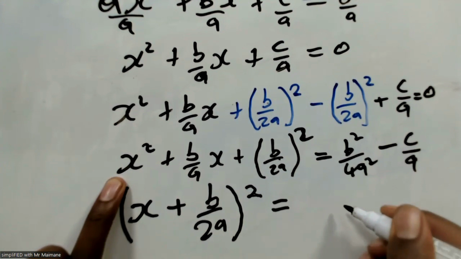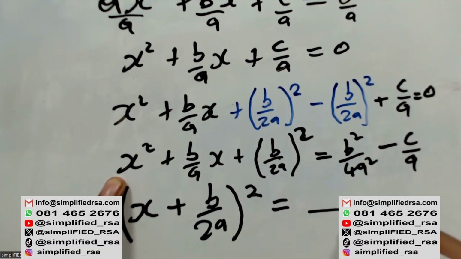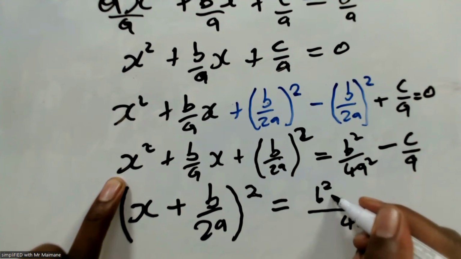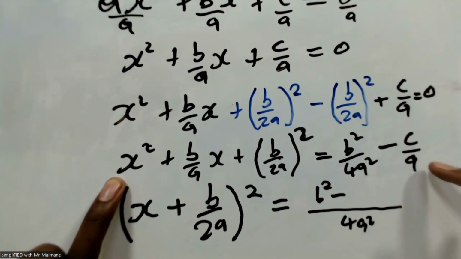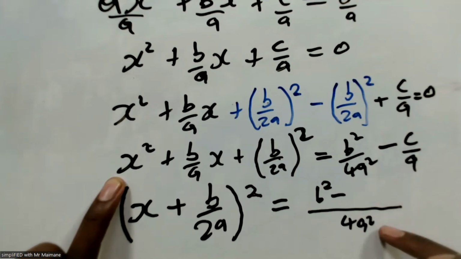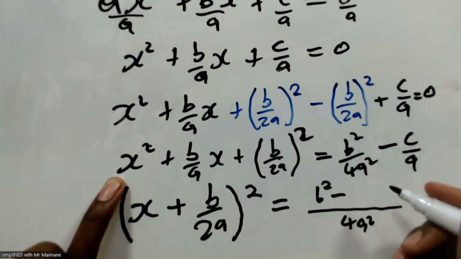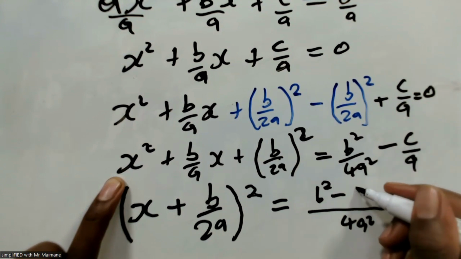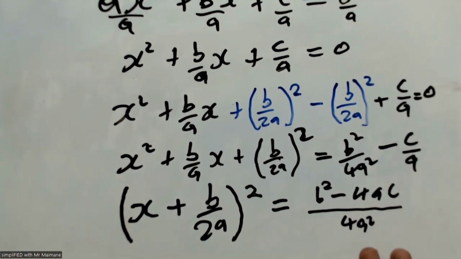And now, simplifying this other part here, we have 4a squared as our lowest common denominator. 4a squared divided by 4a squared goes once. 1 times b squared is b squared, minus this negative. 4a squared divided by a, 4a goes into 4a squared, therefore we'll have 4a times c, which is going to be minus 4ac.